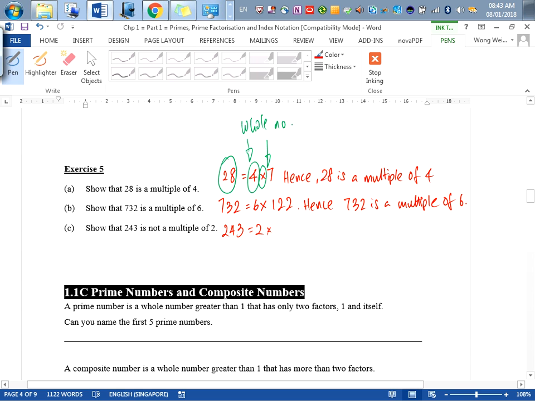What is that decimal number? How much? Times 121.5. Correct? Okay. This line, nothing wrong with it. Because you take your calculator, 121.5 times 2, you get 243. This line is correct. But what is the problem over here?